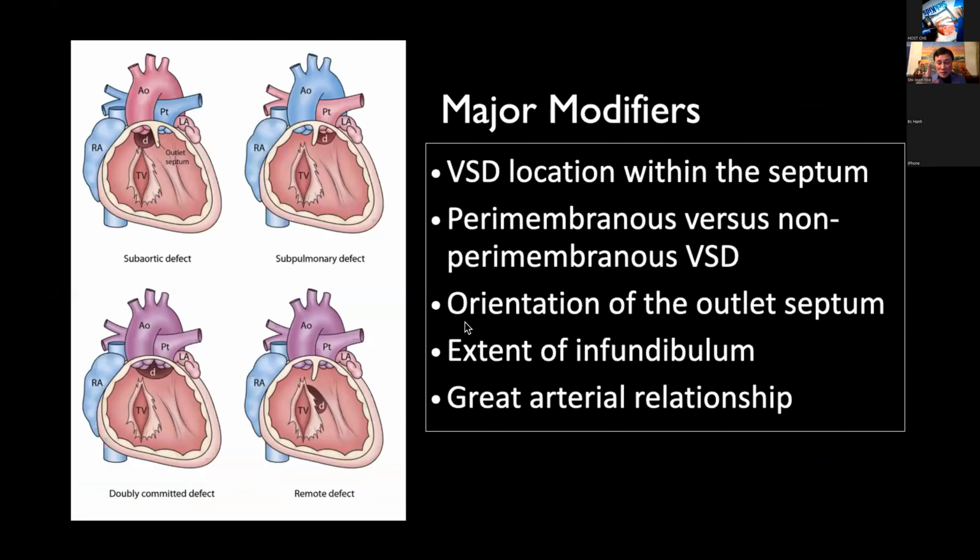Okay? So the major modifiers are VSD location within the septum, perimembranous versus non-perimembranous VSD, orientation of the outlet septum, extent of the infundibulum, and great arterial relationship.